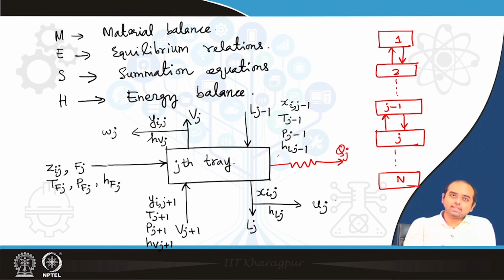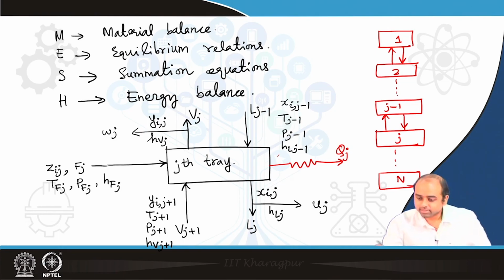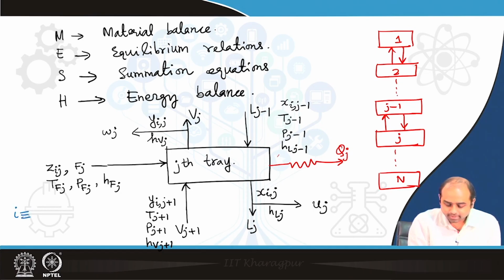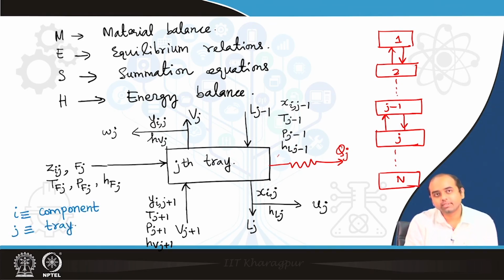So i and j, maybe I should also write it down explicitly, i represents the component, and j represents the tray index, right.